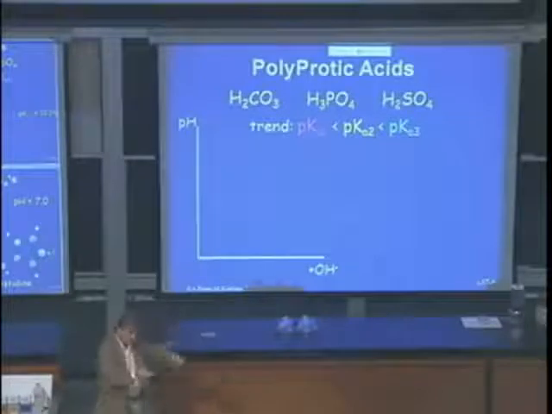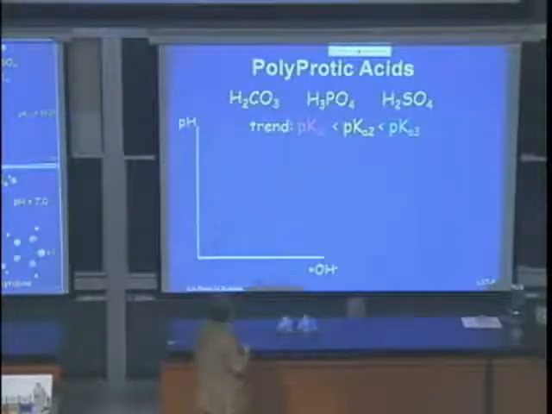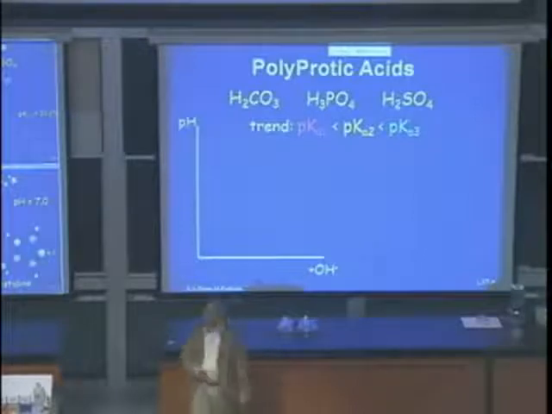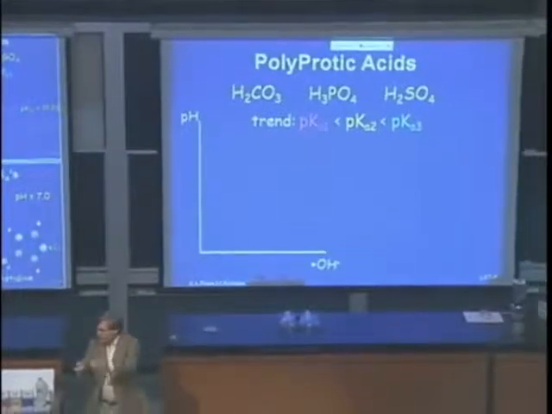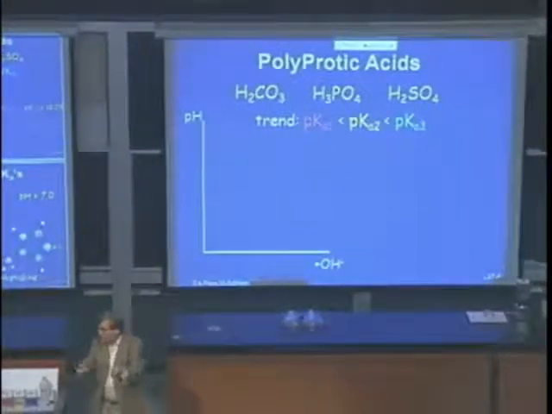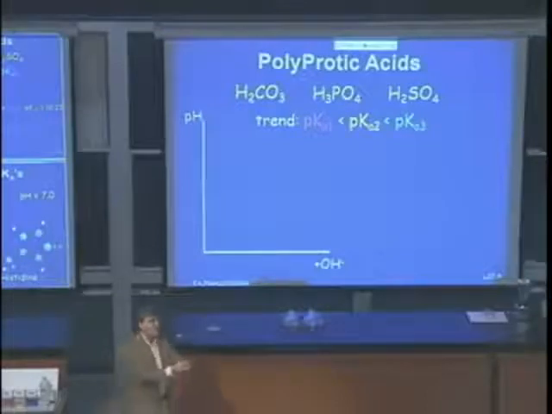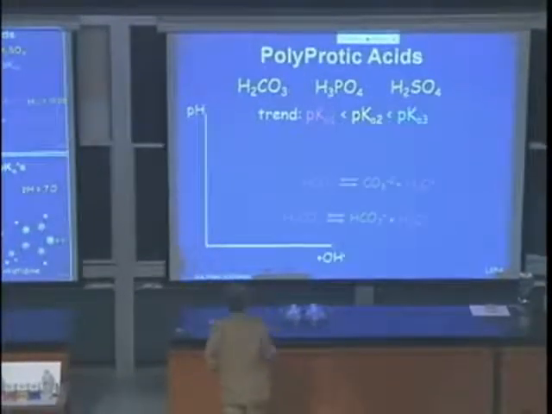That's the larger Ka1. And then the second one is not so easy to remove because you have your negative ion now, and you try to remove a positive ion from it, so it tries to hang on. And the third one, you have a twice negative, and it's much more difficult to remove.